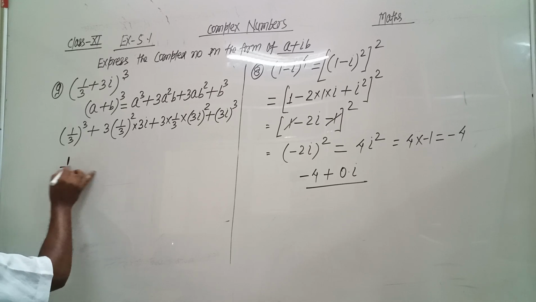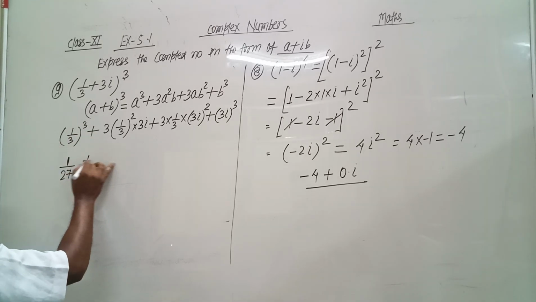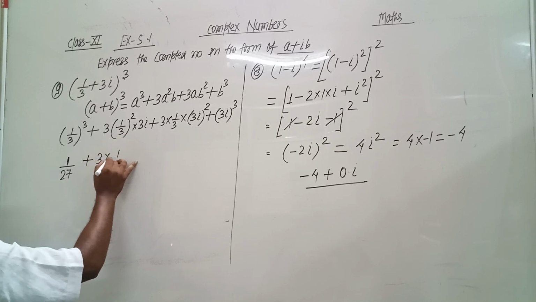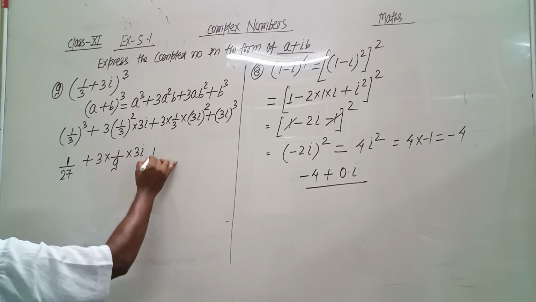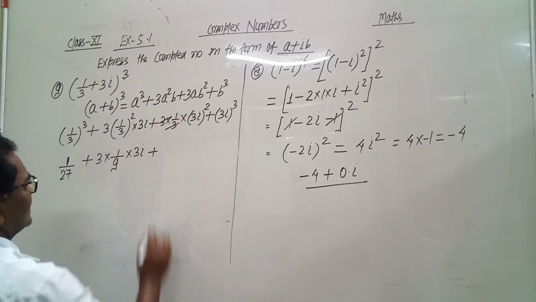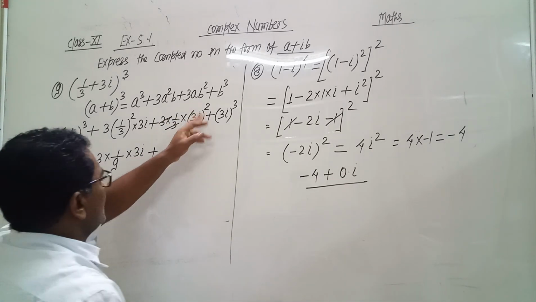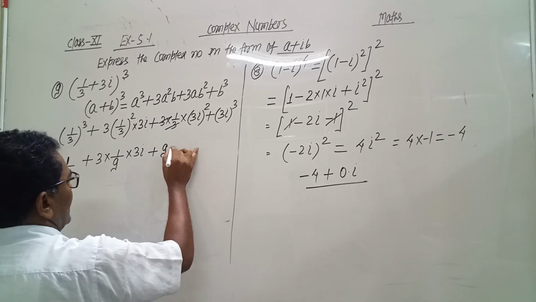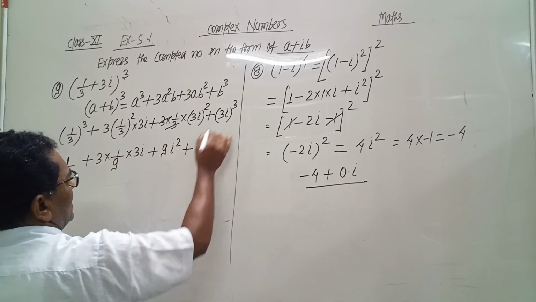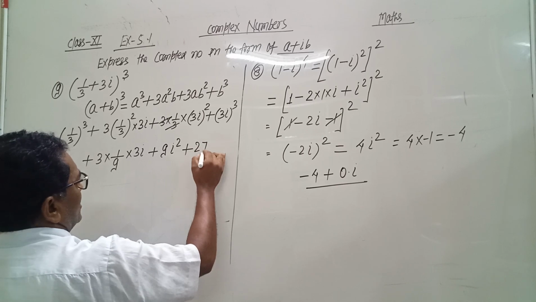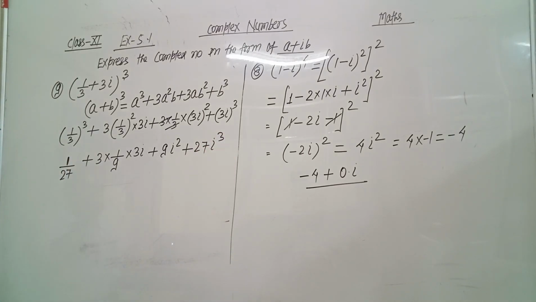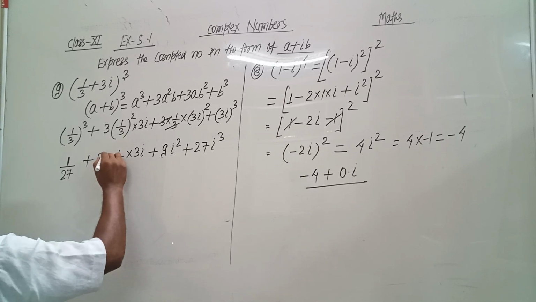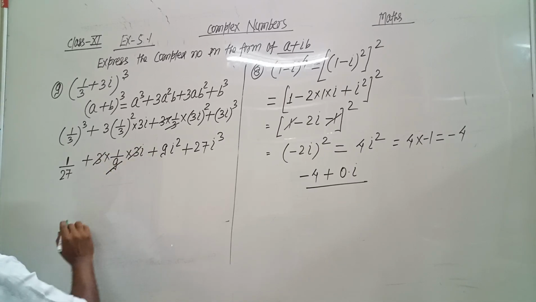1 to the power 3 is 1 and 3 to the power 3 is 27, plus 3 into (1/3)² which is 1/9, into 3i, plus 3 into 1/3, and the 3 and 3 get cancelled, and (3i) whole square gives 9i², plus 3³ which is 27, and i³. Now 3 threes are 9 and the 9 gets cancelled.